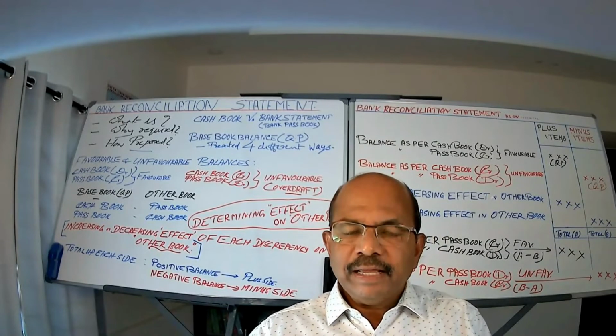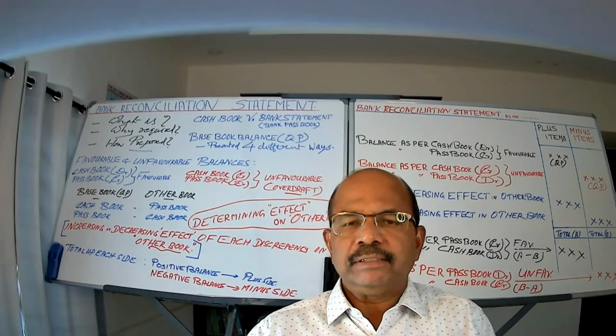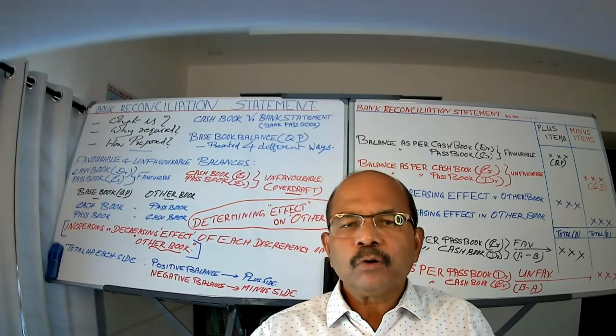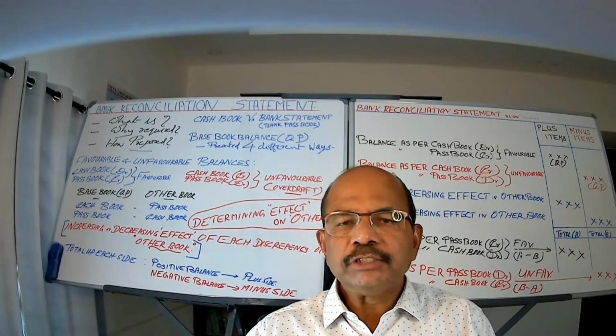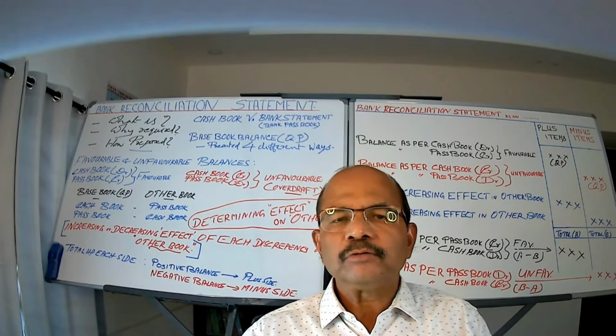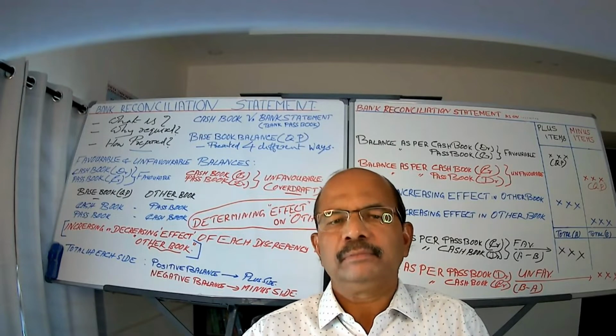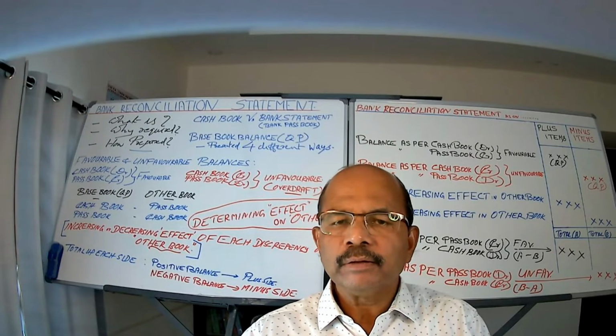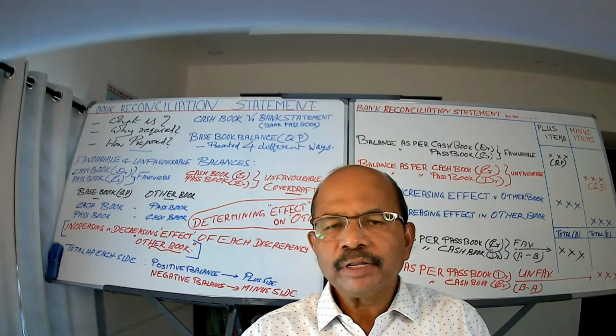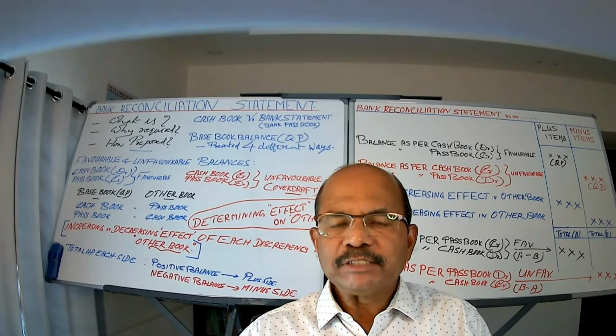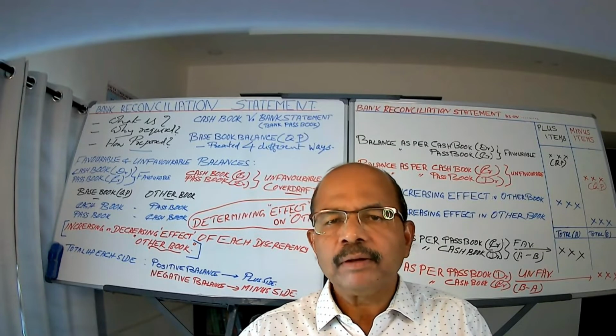Well, let us take up another discrepancy. We are told that a check issued for 20,000 was not presented in the bank. Here also, let's assume that the base book, or the question paper balance, is given in the cash book.